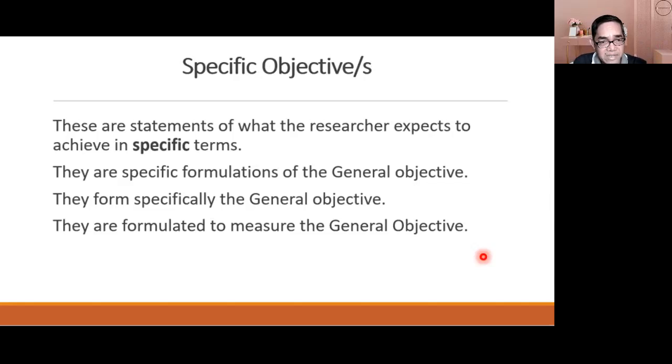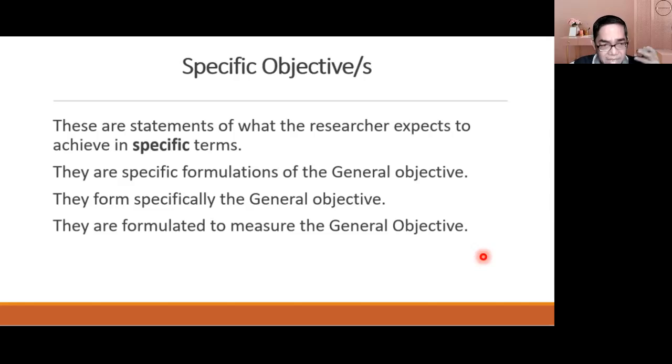Needless to say, if we only have one specific objective, there is nothing to summarize. There's only one specific objective. We don't need to summarize it. And therefore, you don't need a general objective. Later on, I will talk about this one specific objective towards the end.